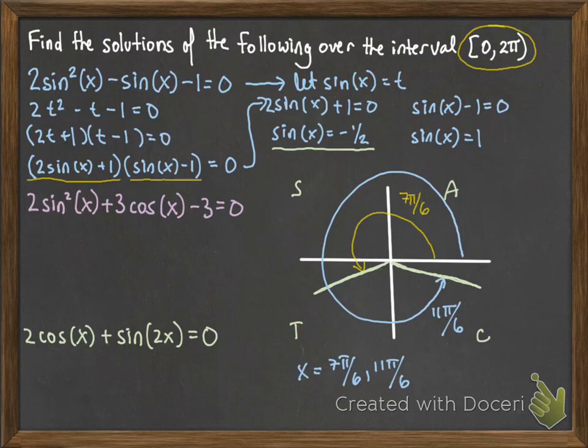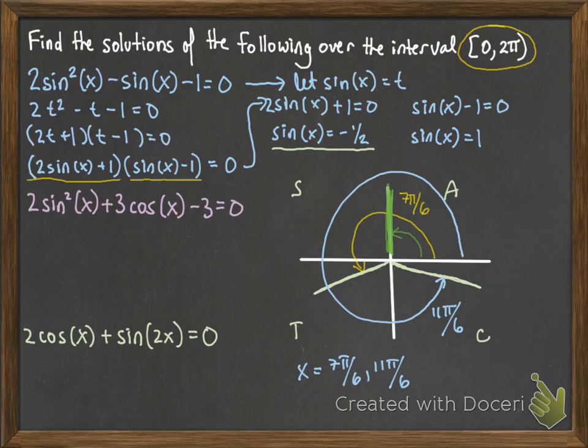Next, we're looking for where sine is 1. And sine is 1 at, it appears, well, let's think about that. I think the only place that we're going to be able to find it is right here, okay? Strictly because the sine of 90 degrees, or pi over 2, is going to be 1, and the 1 down here would give us a negative, and we don't want that.